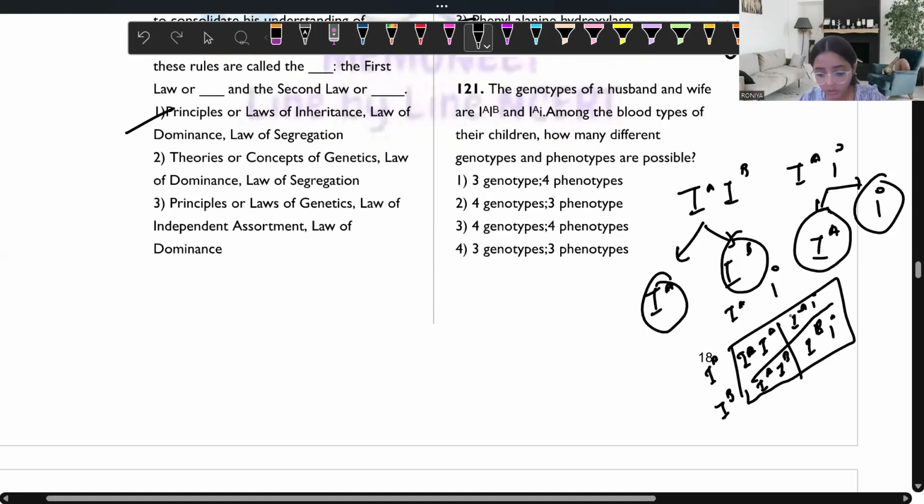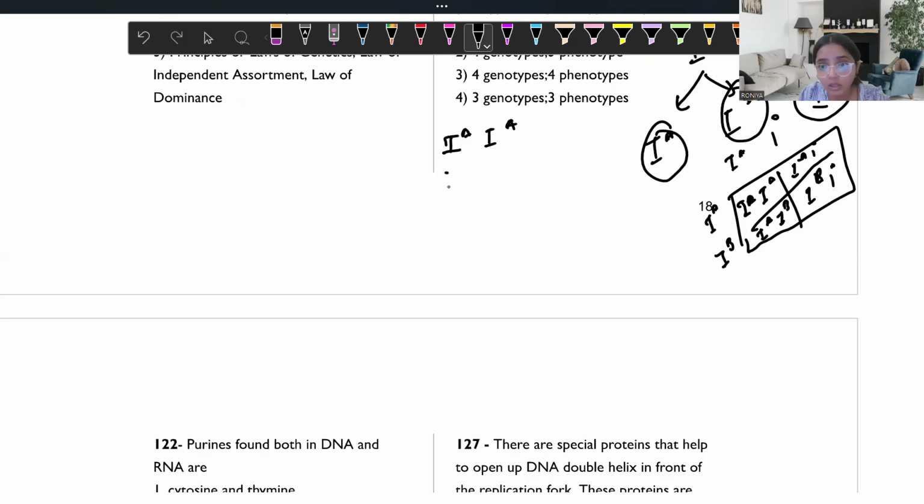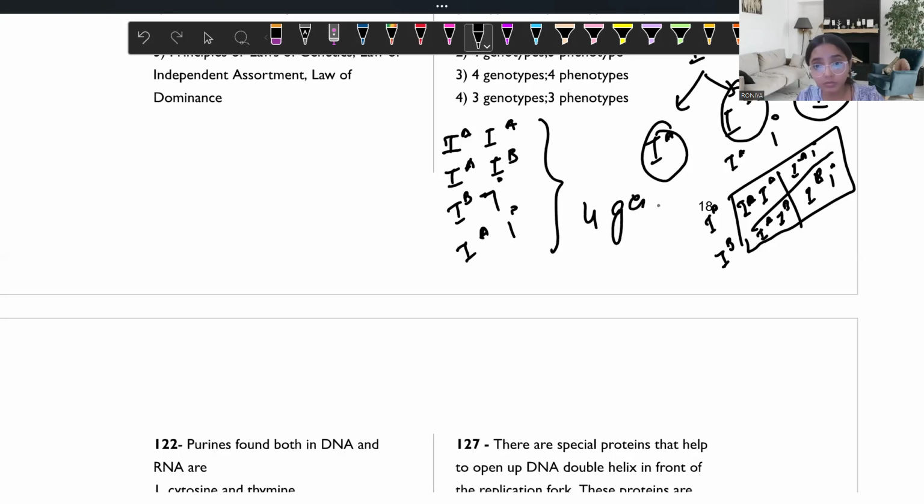So what are we getting here? IA IA, IA IB, IB i, IA i. We are getting 4 genotypes, all different.